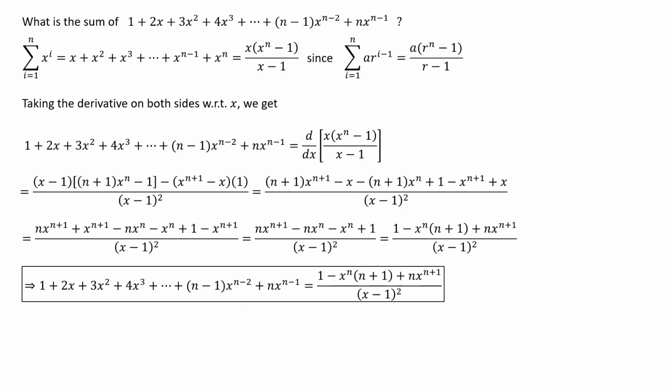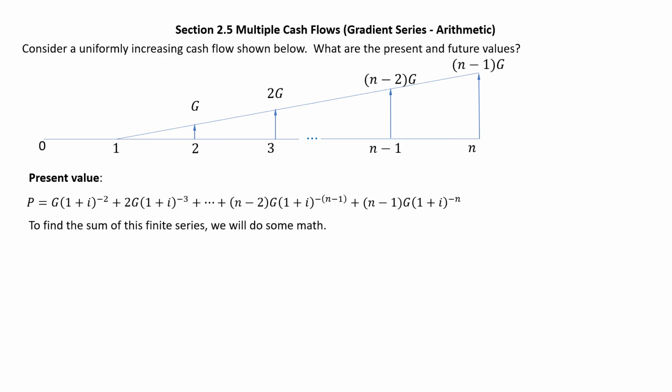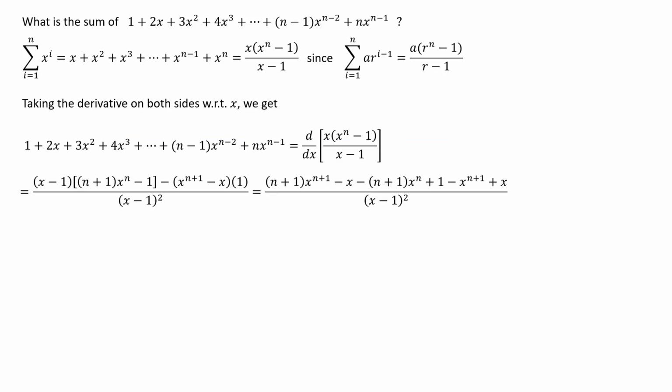Why do we need this? That is because, look at what we have here. Something, 2 times something to the this, 3 times negative 4, right? So it seems to have a similar pattern.